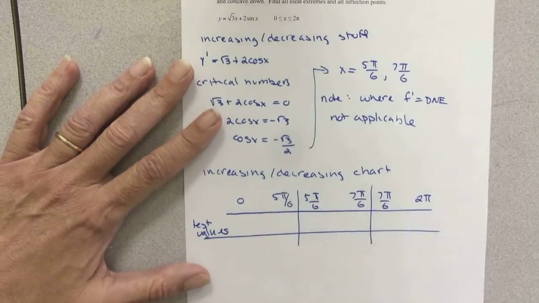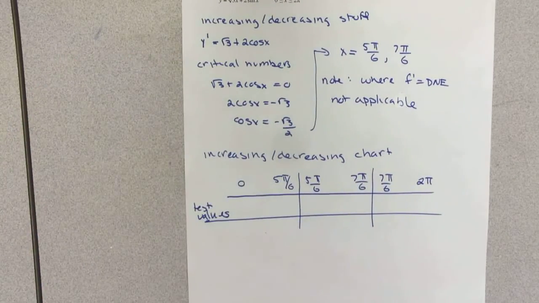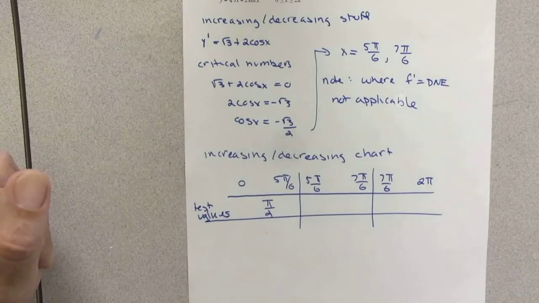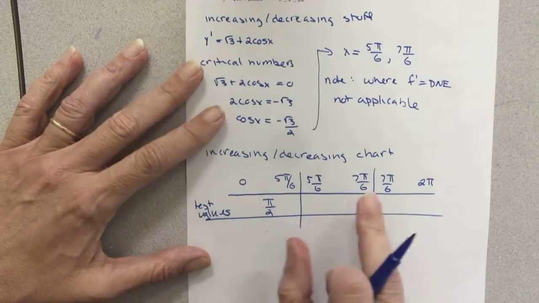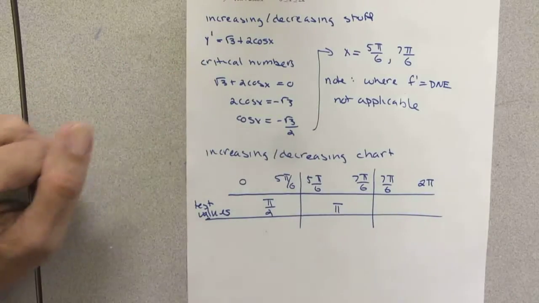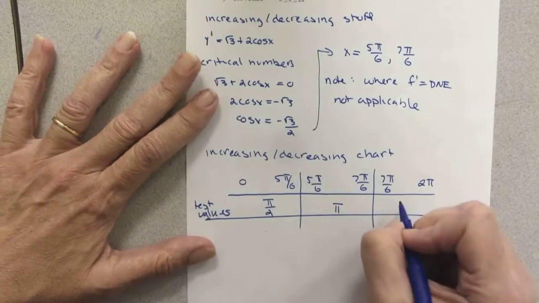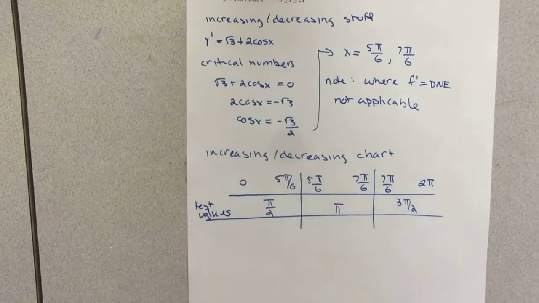Test values. Anything between 0 and 5 pi over 6, I'll pick pi over 2. Anything from 5 pi over 6 to 7 pi over 6, I'll pick pi. And anything from 7 pi over 6 to 2 pi, I'll pick 3 pi over 2.